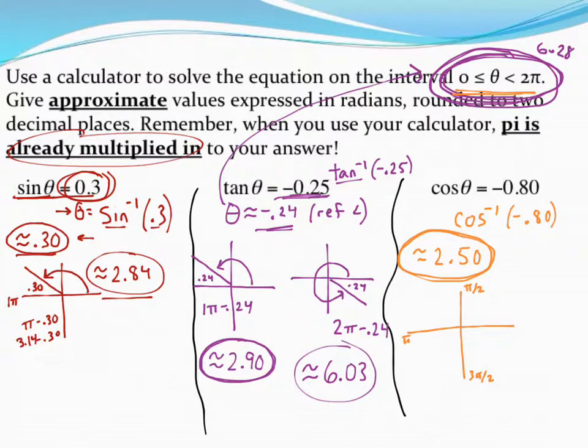So if I convert these into decimals, since this problem is all about decimal approximations, pi over 2 is approximately 1.57. Pi we know is approximately 3.14, and so if I think about where 2.5 radians would be, it's between 1.57 and 3.14, and so that's the angle that I'm looking at, which means it's obtuse.